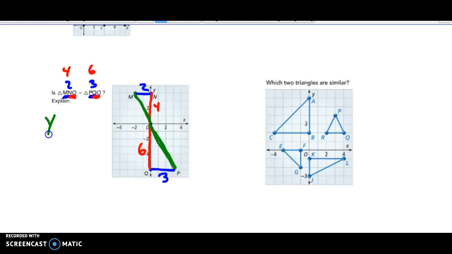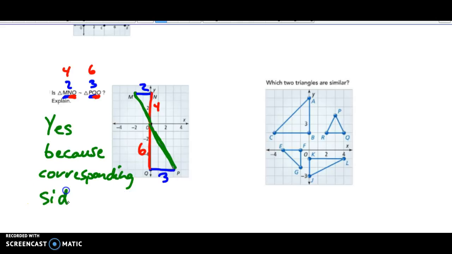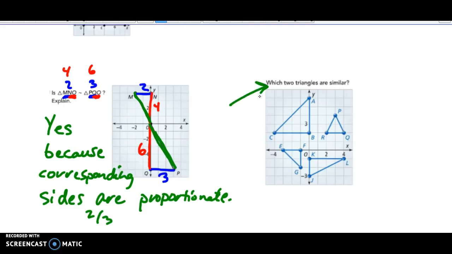So we could say yes, these triangles are similar because corresponding sides are proportionate. And they have a scale factor of 2-to-3, or 2/3. And finally, as we look at this, which 2 triangles are similar?